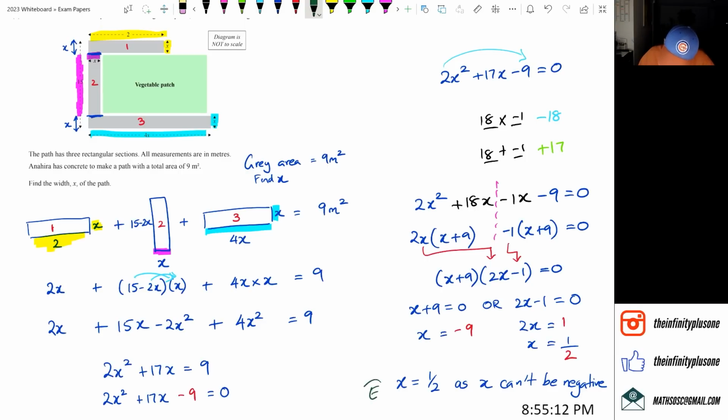So you kind of have to say that x can't be negative. You can actually say width can't be negative. As for merit, simplifying to a quadratic equation equal to 0. So getting up to this line here is worth a merit. For achieved, like I told you guys, forming a correct expression for the total area, which is right there, you could easily get an achieved for that.